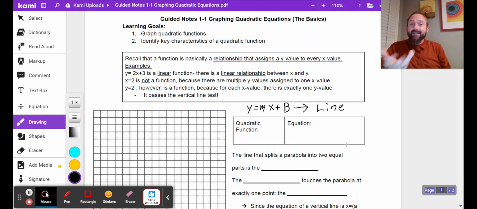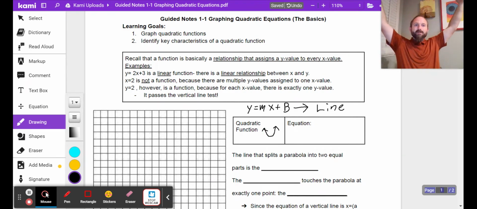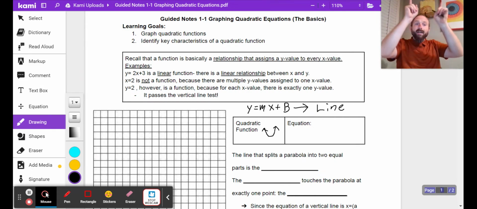Well, a quadratic is going to make a parabola. And so it looks kind of like this. Put your arms up, point down. That's a parabola. It's kind of like a U shape, either pointing up or pointing down.